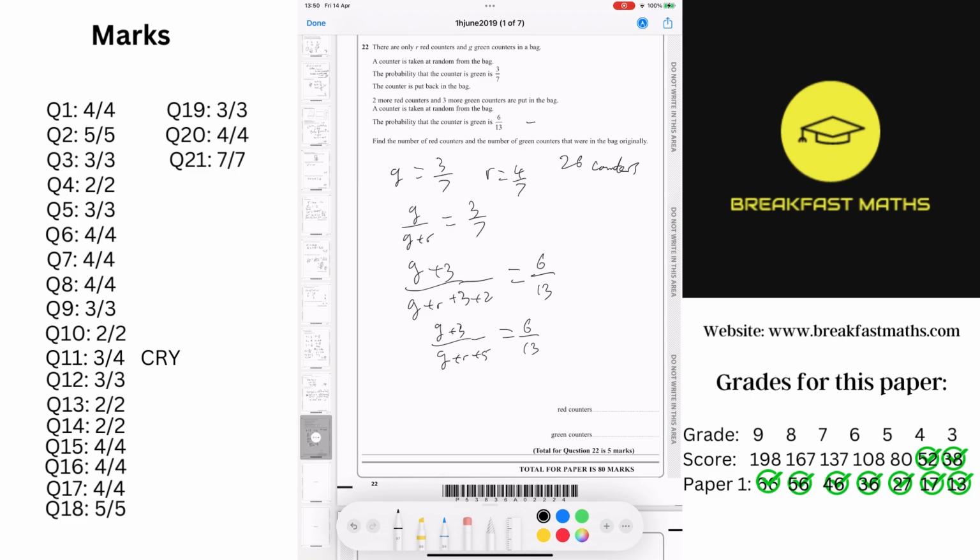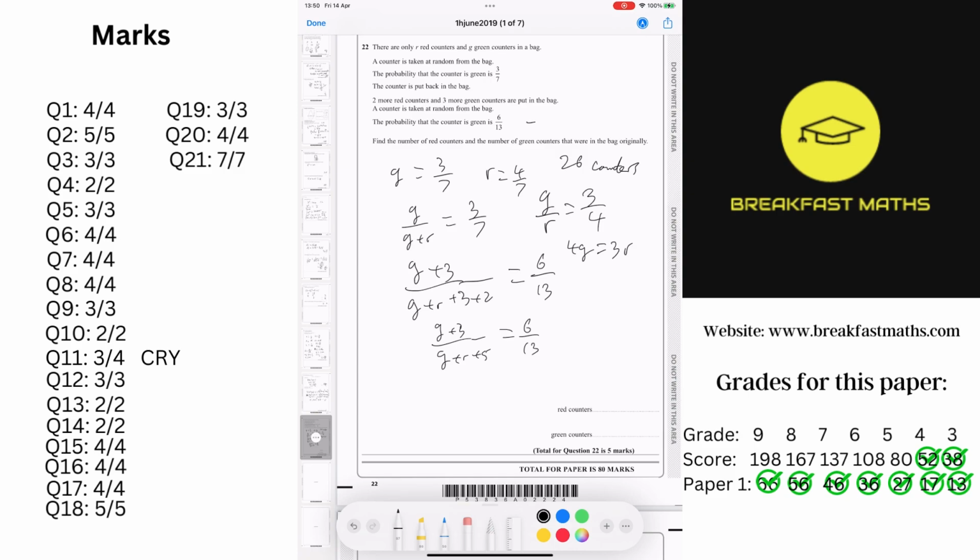So if we rearrange this, there's 3 greens for every 4 reds, so we could say G over R is 3/4. So we could put all of this in terms of one another, so we could say 4G equals 3R by rearranging that equation. We say that's equal to that.